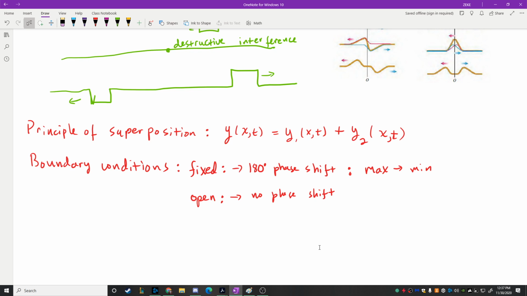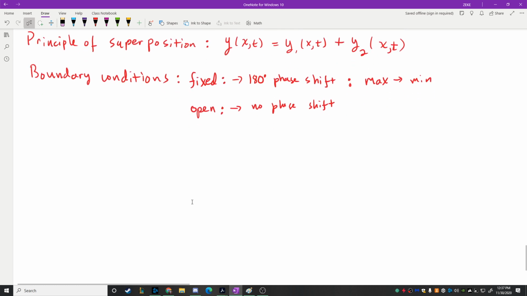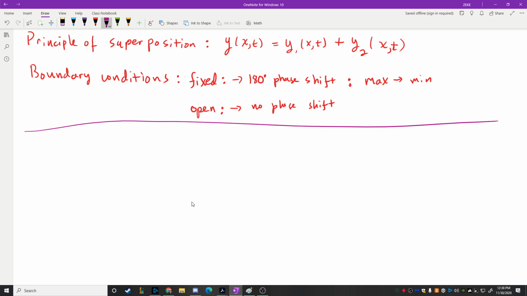So let's take this idea and look at standing waves. A standing wave is what happens when you get a perfect kind of connection between the incoming wave and the outgoing wave, so that you produce a standing or fixed waveform. Okay, so here, let's start off with this picture.